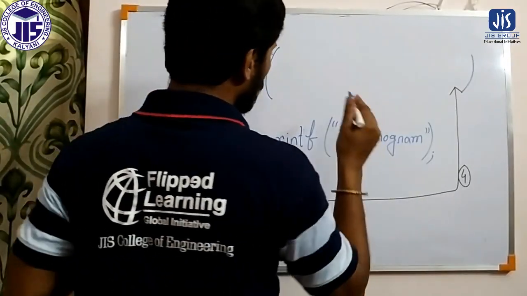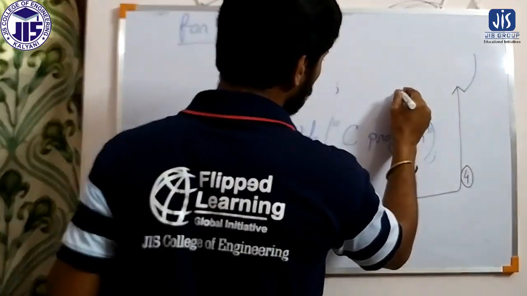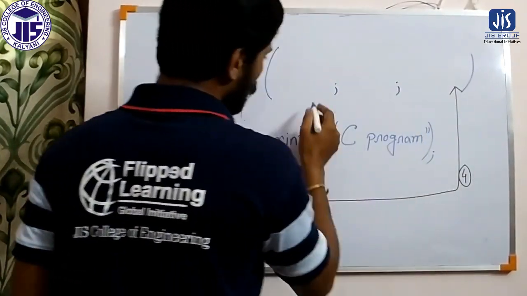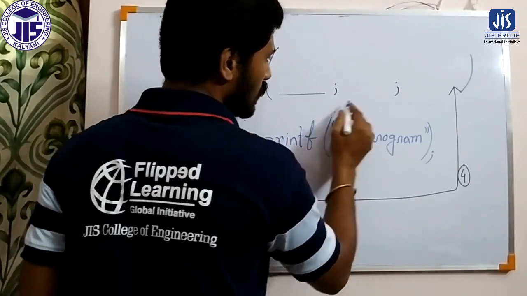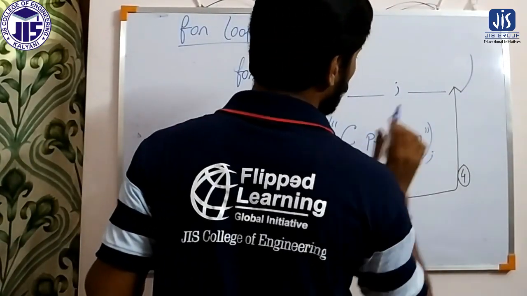In a for loop basically we have two semicolons. The first part is initialization, then condition, then increment or decrement operation.